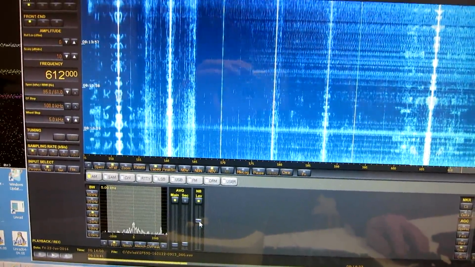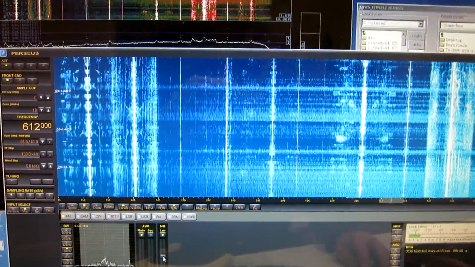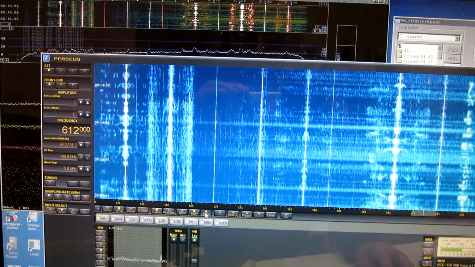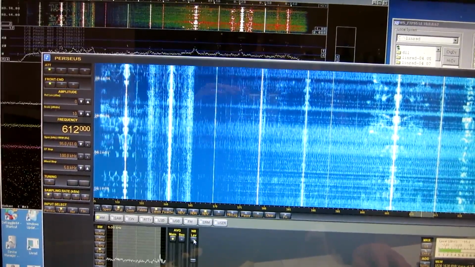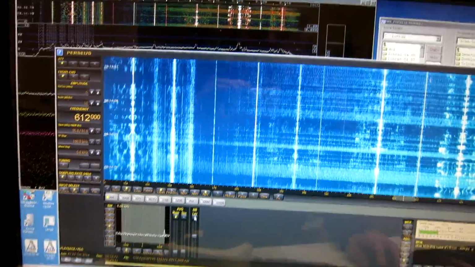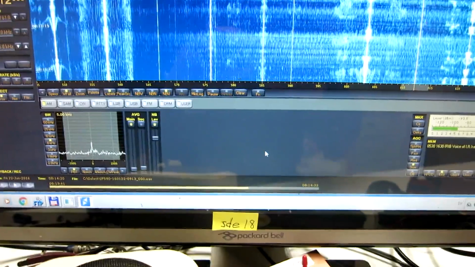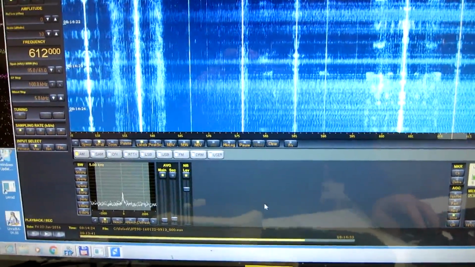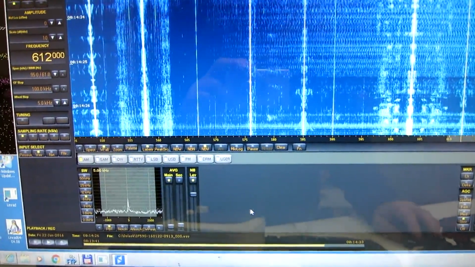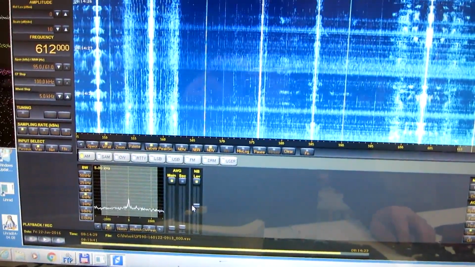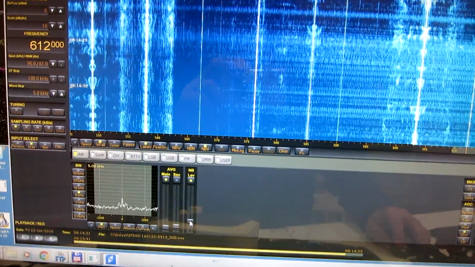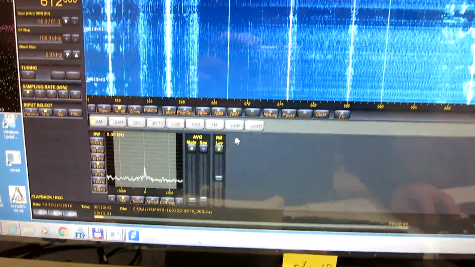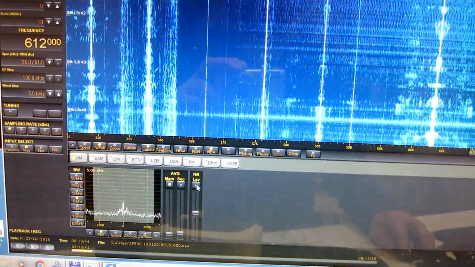And something went wrong. This worked beautifully a while ago. I had to stop and restart Perseus, and now the vectorial blanker is okay. Maybe something like this, and I can switch it off again.